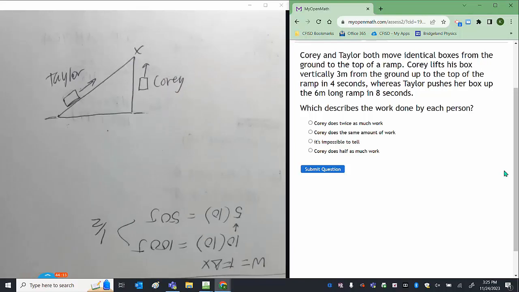And so in both cases, they will have the same amount of work so long as everything else is equal, so long as it's the same box, which it says it is, identical boxes, then we would say Corey does the same amount of work as Taylor.